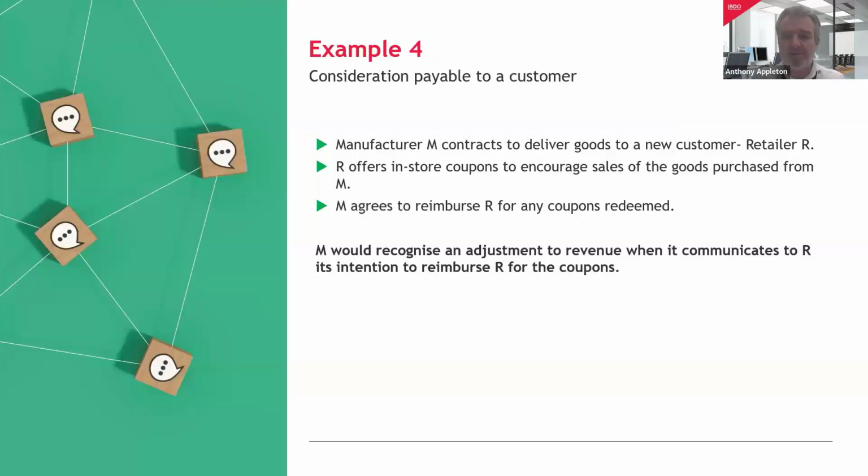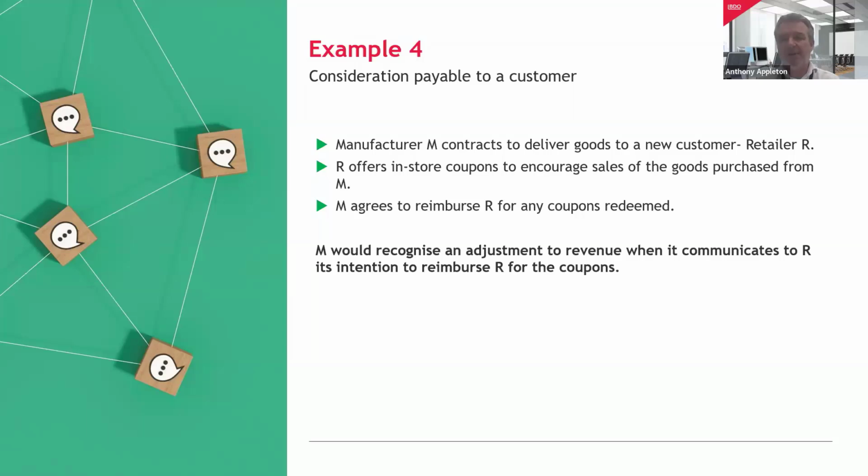So manufacturer M contracts with a retailer to deliver goods. What that retailer does is it also gives coupons to customers to encourage them to buy those specific goods from manufacturer M. M then agrees to reimburse the retailer for any of the coupons which are redeemed, because the retailer will be receiving less.